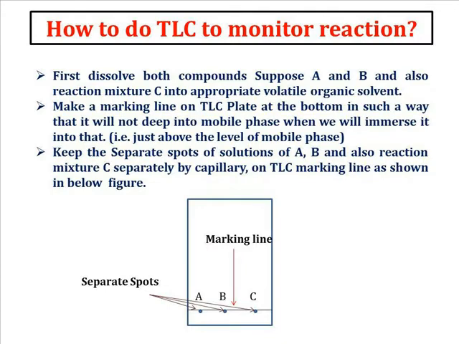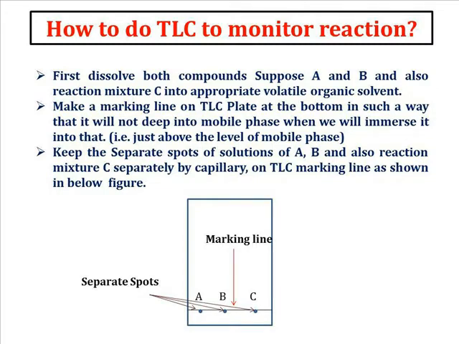Make a clear solution. Then take a piece of TLC plate and mark one line with a pencil near the bottom, with three spots on that line. The first will be the first reactant, the second will be the second reactant, and the third spot for our reaction mass.